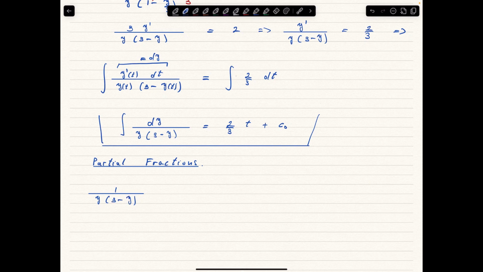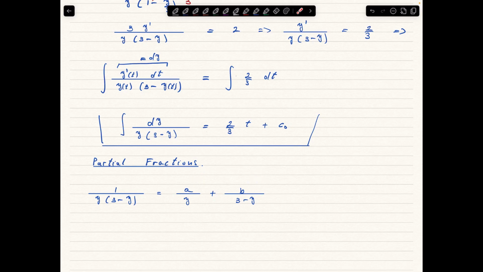We are going to rewrite it as an addition of simpler rational functions, one that is a over y plus b over 3 minus y. So it's possible to write this complicated function as an addition of simpler functions if we choose the right coefficients.